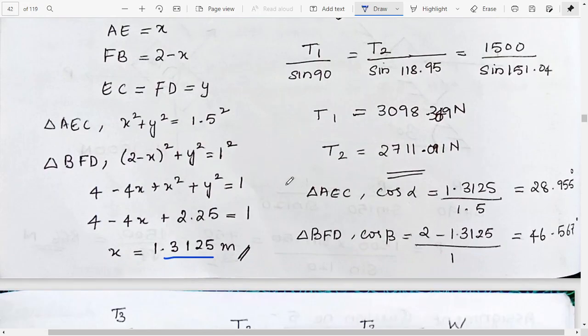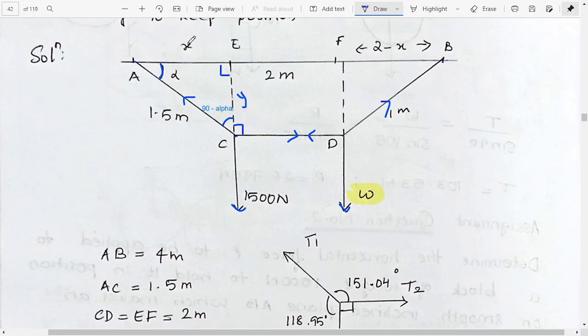If we solve these two equations, we will get the value of x, which is 1.3125. With that, we know that cos alpha is equal to x by 1.5, so cos alpha is equal to 1.3125 divided by 1.5. So alpha will be equal to cos inverse of 1.3125 divided by 1.5, which is somewhere around 61 degrees.